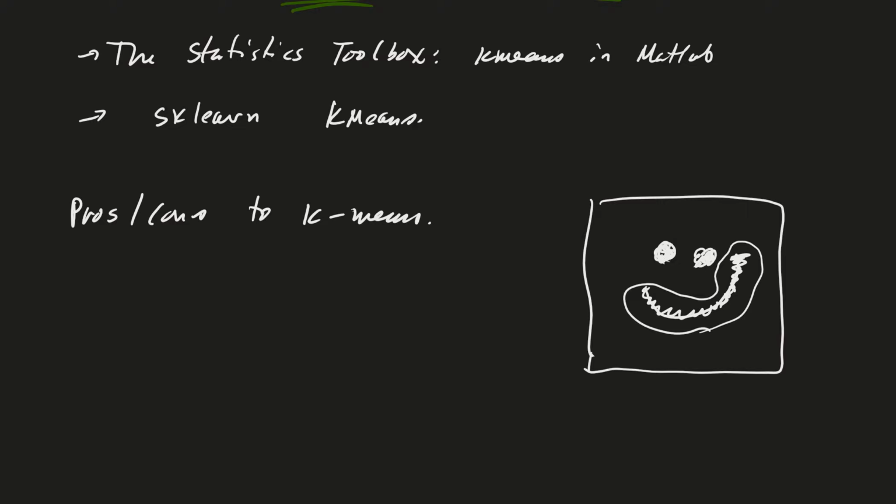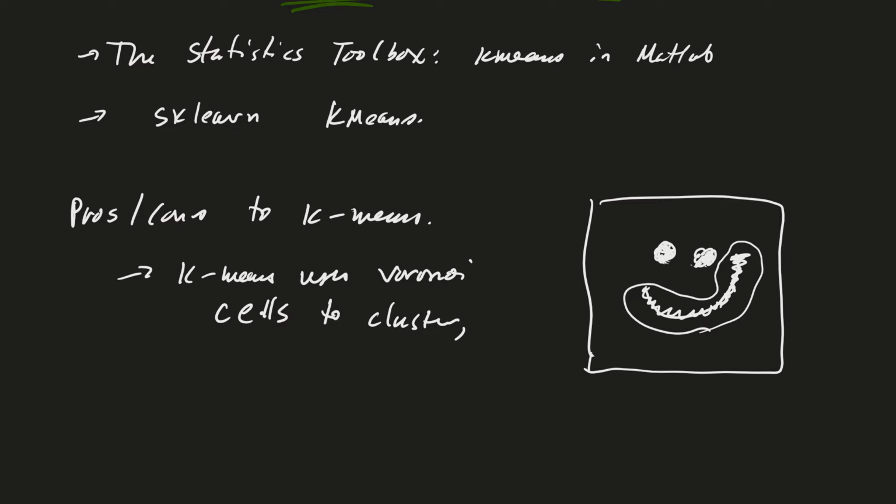It does a really good job with little clusters like that, because remember, k-means is always going to break things up into Voronoi cells. K-means uses Voronoi cells to cluster, right, with the cluster center in the middle as the Voronoi center.